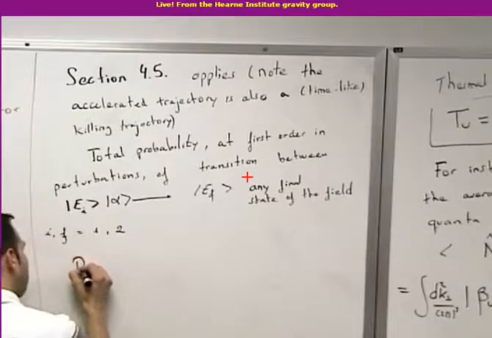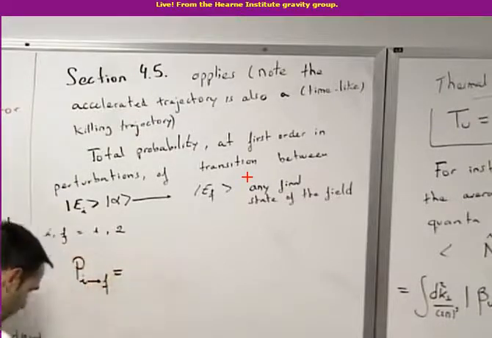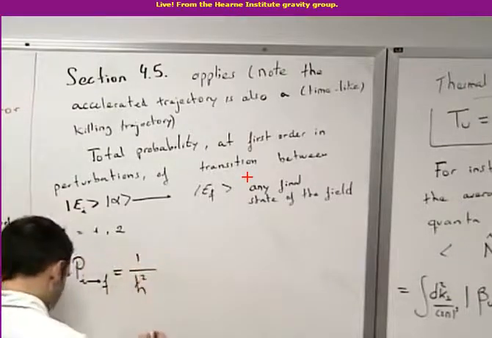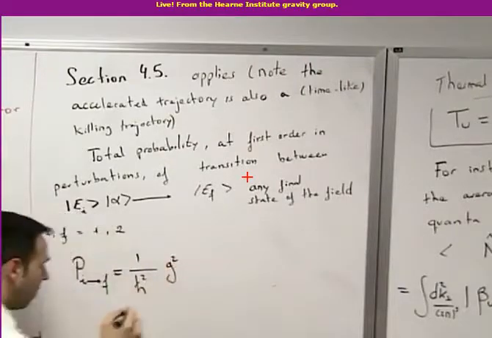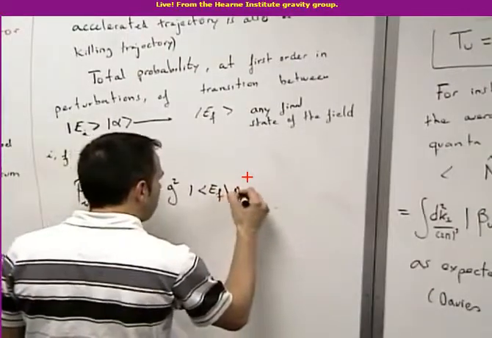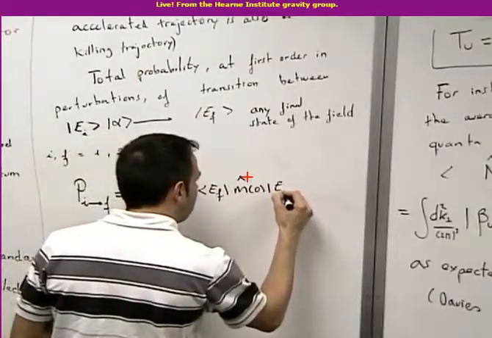That probability was given by the following formula. I am just copying from chapter 4, 1 over h bar squared. G squared is the coupling constant. We now have a matrix element which has to do with the details of your detector.